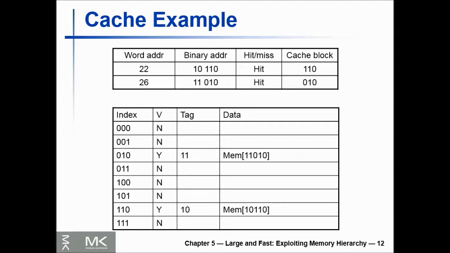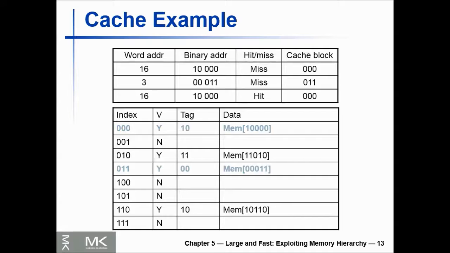This time we have already stored the 22 value in the cache, so this is not a miss, it is a hit, and a tag 01 is placed. Similarly, for another word 26, we already stored our 26 word, so it is again a hit, and index 010 is filled with our 26.